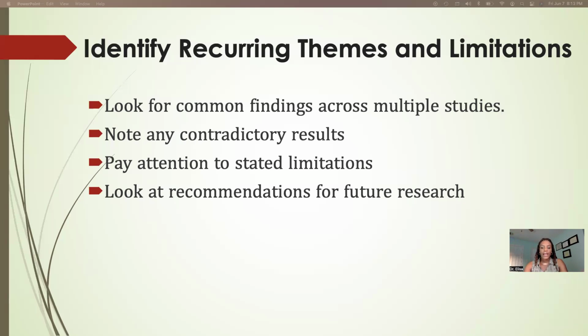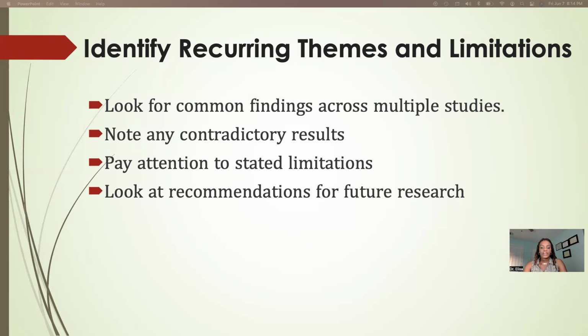These will indicate well-established knowledge because this will be reliable data about your topic. Note any contradictory results, as these can signal areas that need further investigation. You want to pay close attention to the limitations section of research papers because authors often point out the gaps and limitations of their own studies.